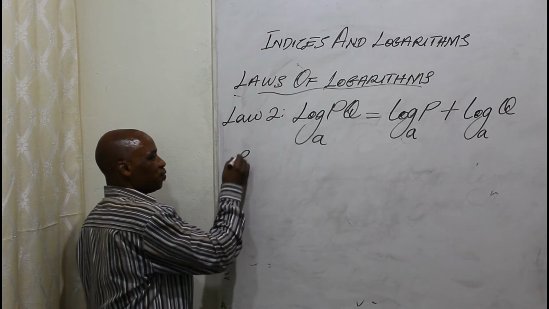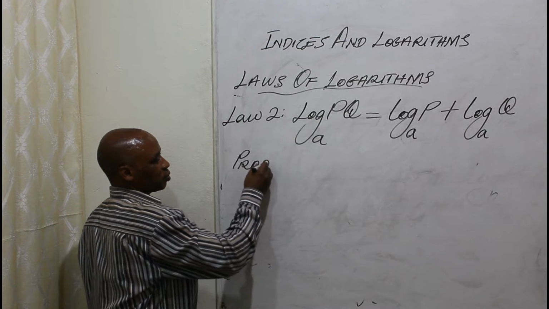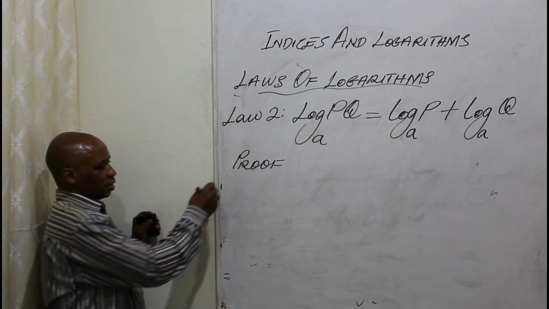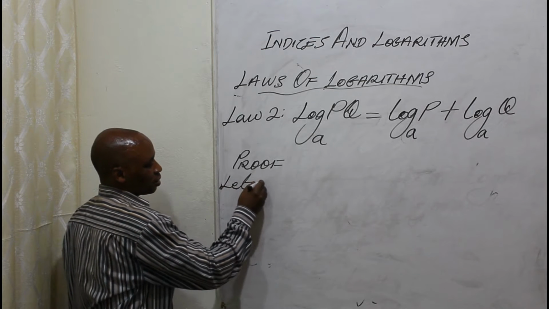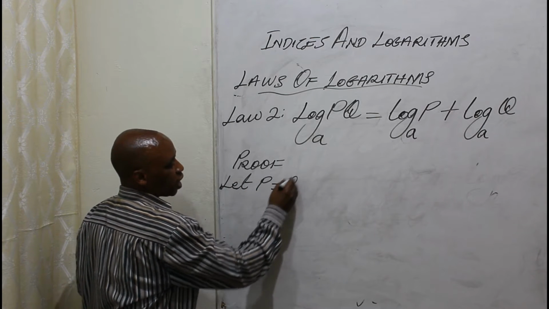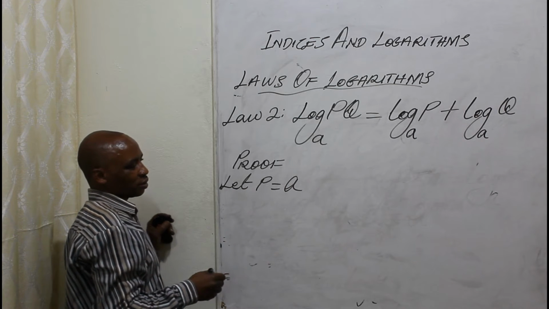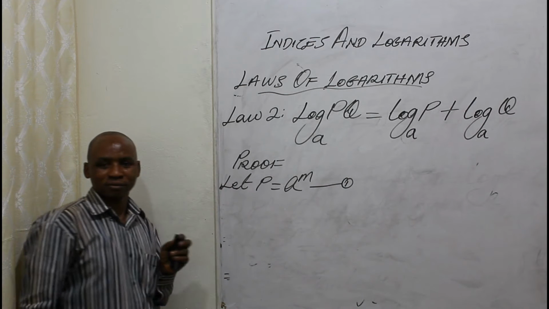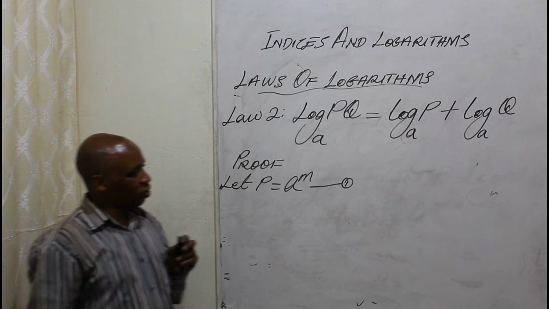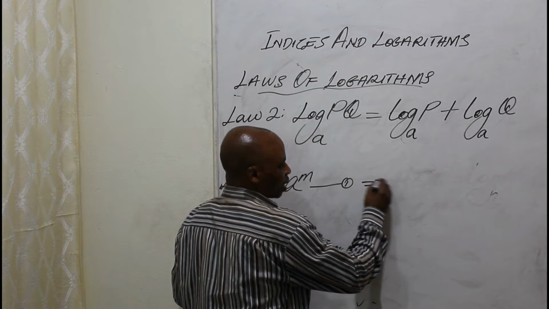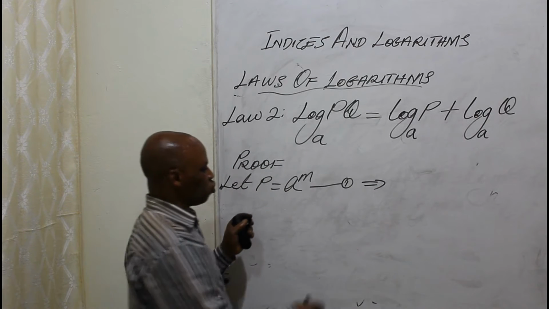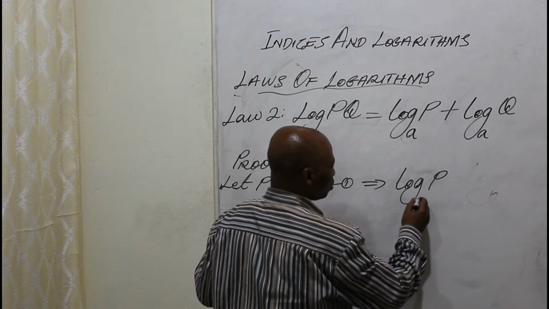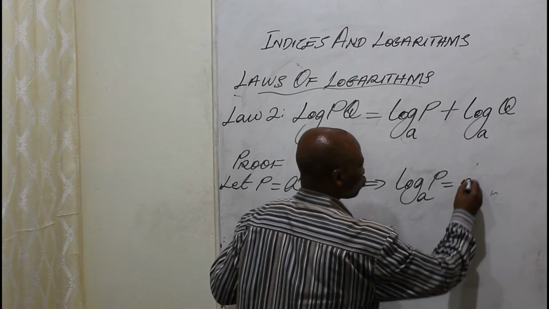Now let's try to prove this one too. As usual, let p be equal to a raised to the power m. Let me name this equation 1. By the definition of logarithms, it will be the log of p to base a being equal to m.